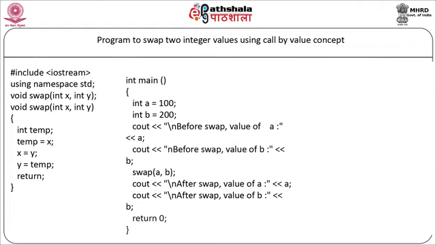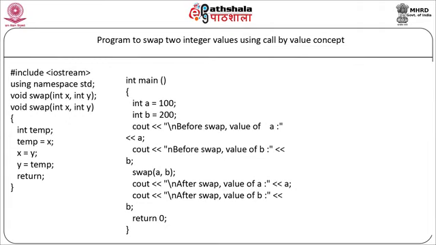Now as you can see, before swap the values of a and b will be 100 and 200. We are calling a function swap which will swap the values, so a value should become 200 and b value should become 100, but that change will be local to the local variables inside the function, and these local variables are x and y. So x and y values will be swapped, but once we come back to the main program, our values a and b will be intact.